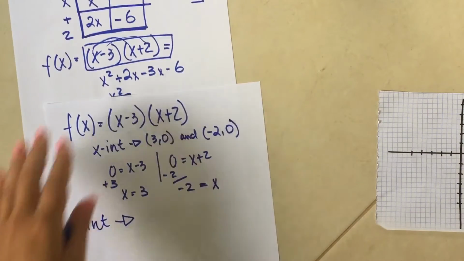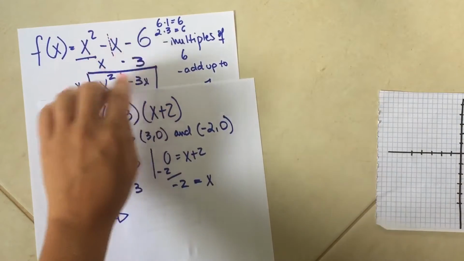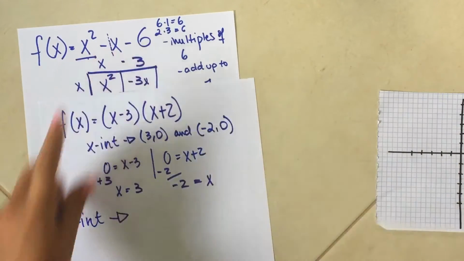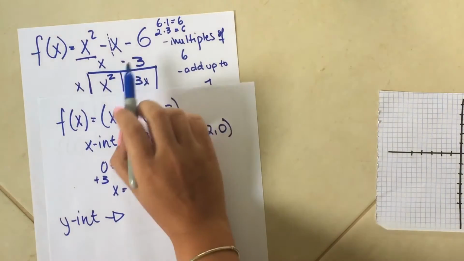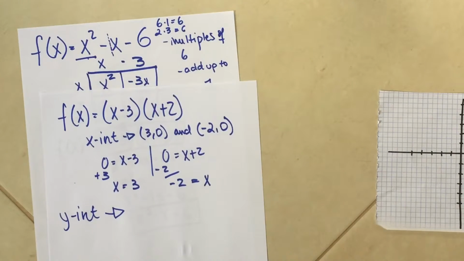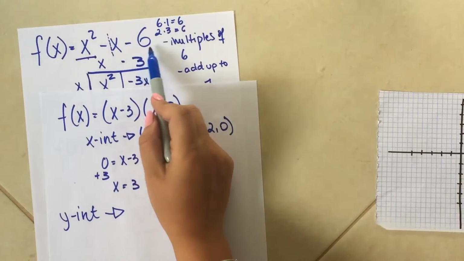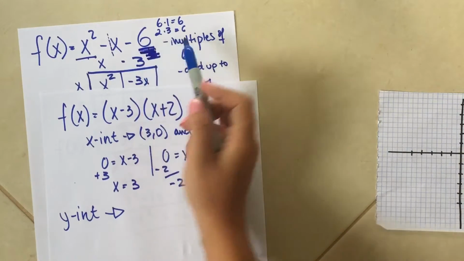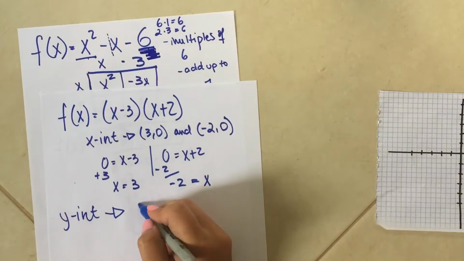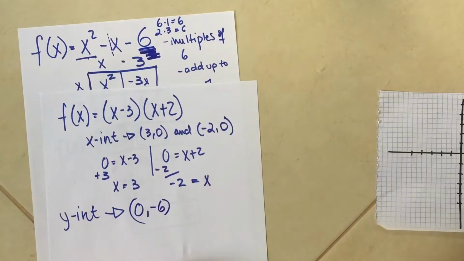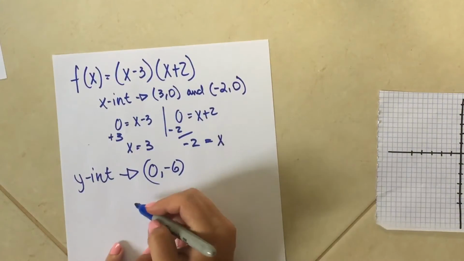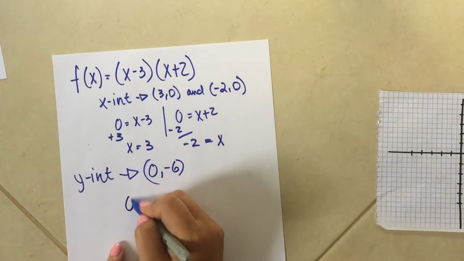As I initially said, in our function x squared minus x minus 6, in the standard form of a quadratic function, this is our y-intercept right here. So we could just say 0 minus negative 6. However, there is always a way to check it, and that's what we're going to do. We are going to plug in 0.